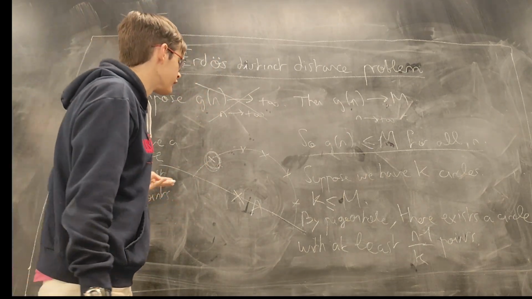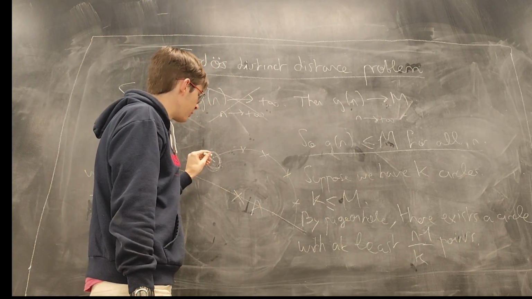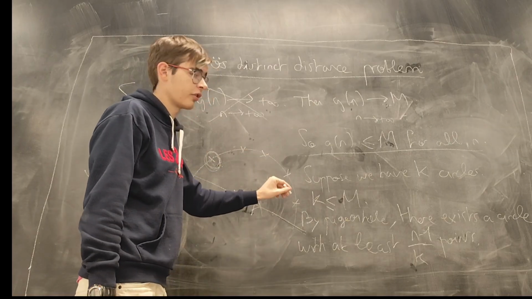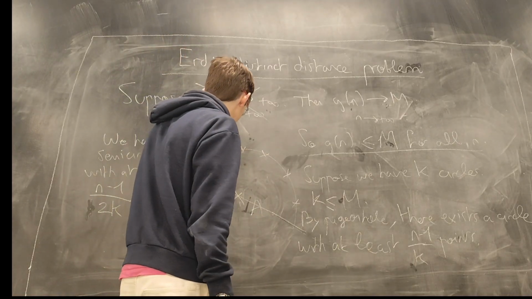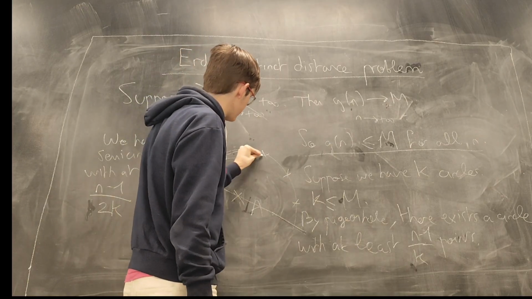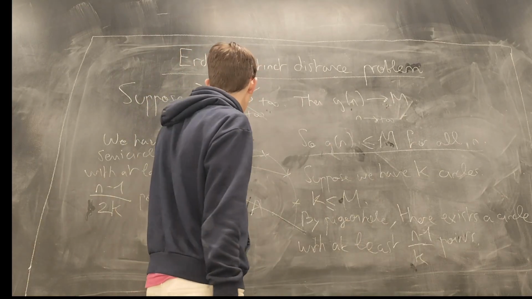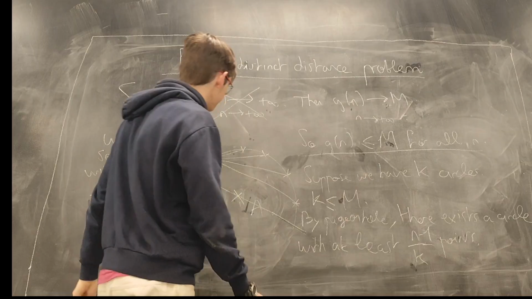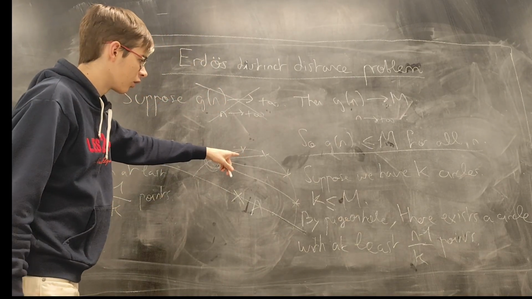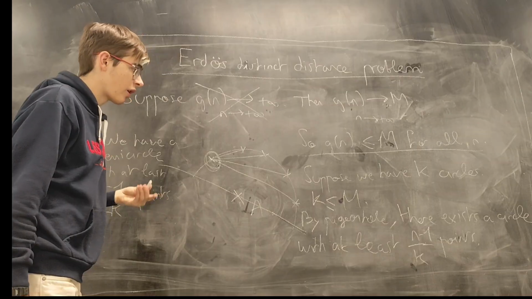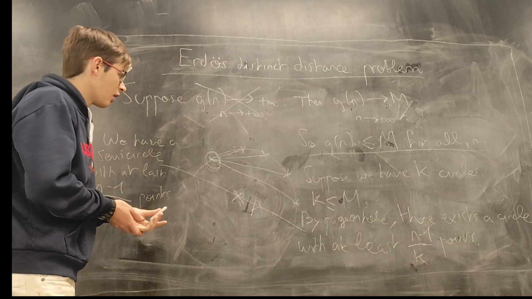It's quite obvious that all of the distances between this point and the other points on the semicircle must be distinct, because this distance is strictly smaller than this one, which is strictly smaller than this one, which is strictly smaller than this one. So we found quite a number of distinct distances.